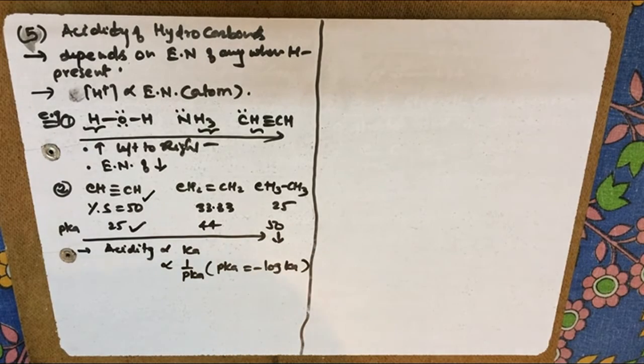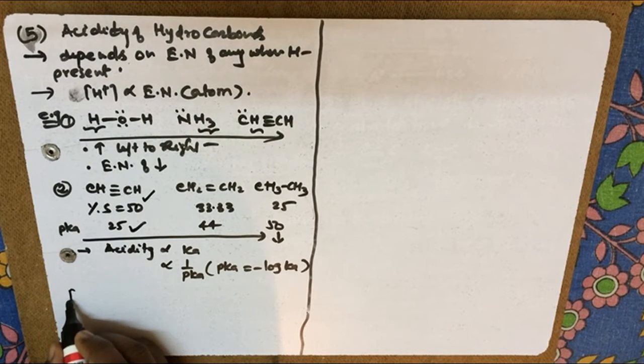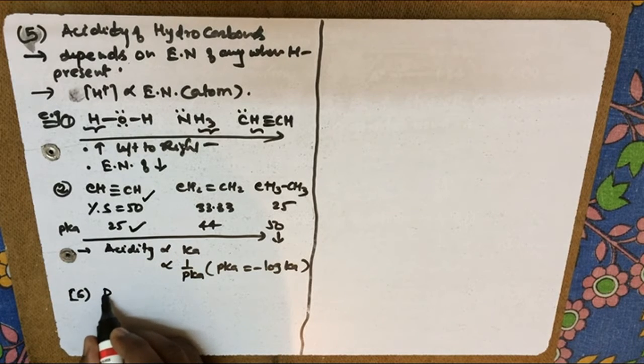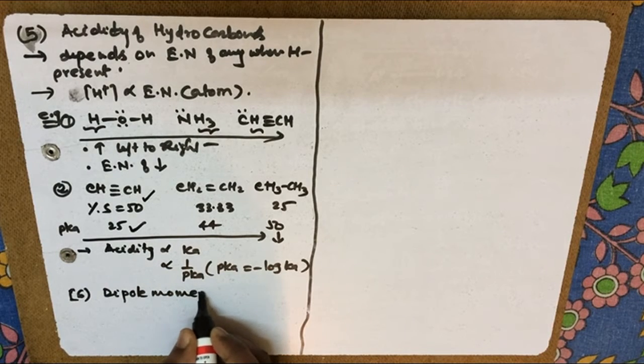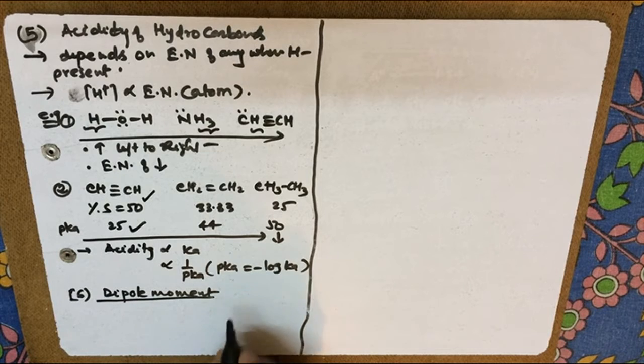Okay, now move to the last point of this, bond properties. So last is number 6, dipole moments, which is just denoted mu.